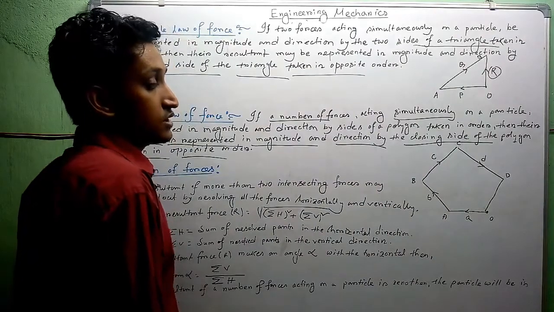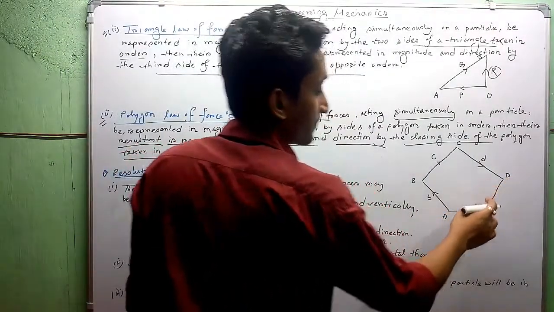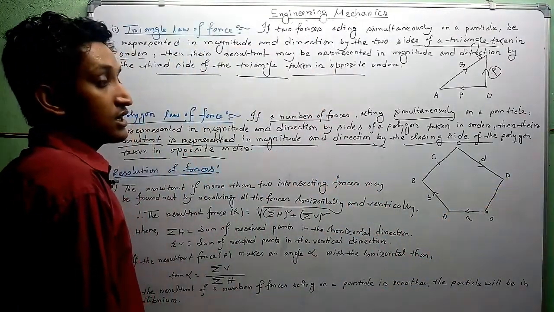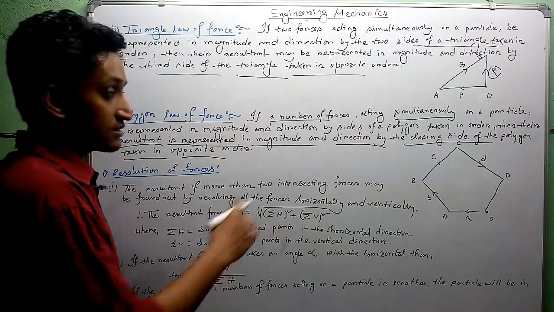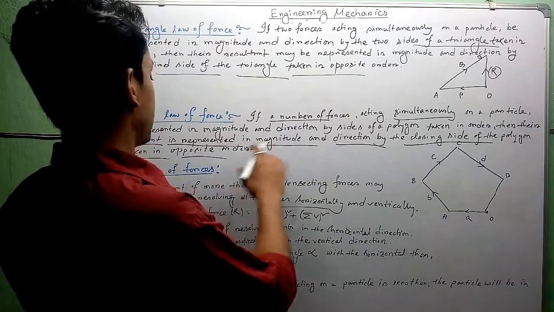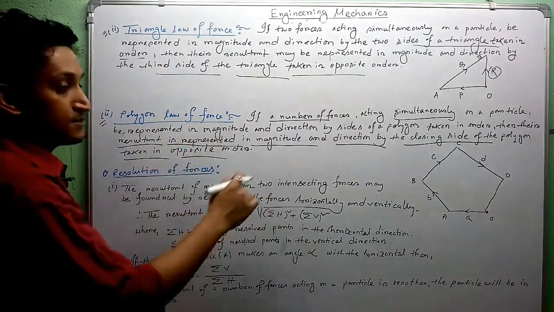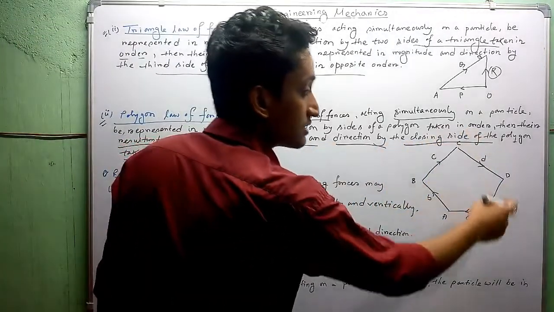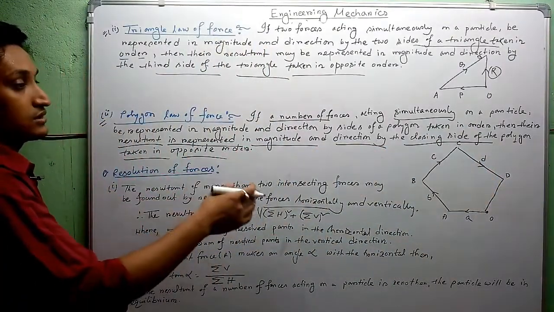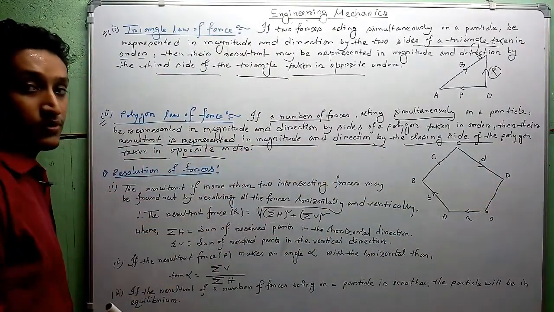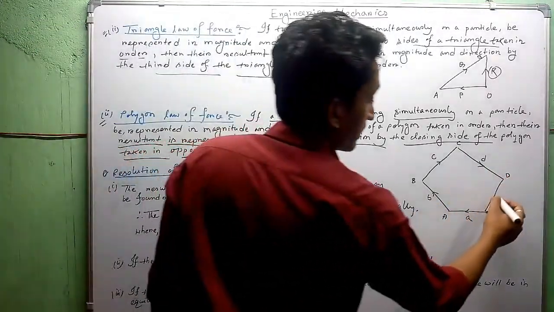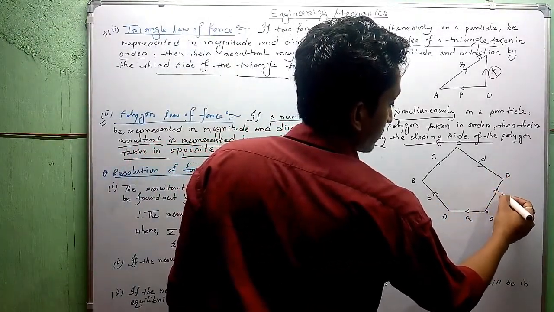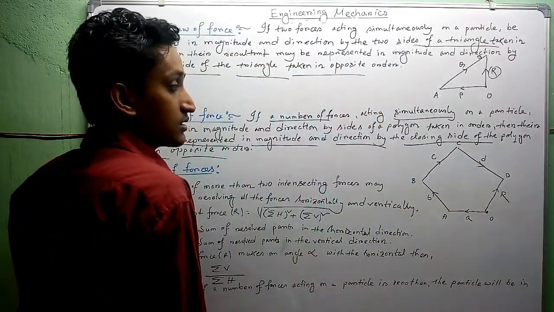So here is the closing side of the pentagon, and what is the direction of these forces? That is the resultant force. That is why we said that the resultant force is represented in magnitude and direction by the closing side of the polygon. Here we can consider the pentagon. Here is the closing side, and here is the resultant value R, in opposite order.